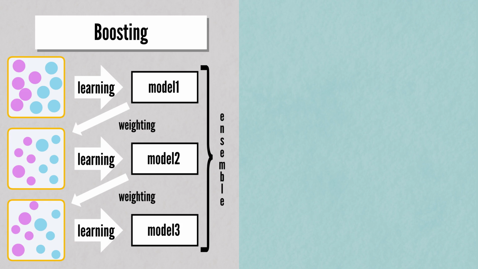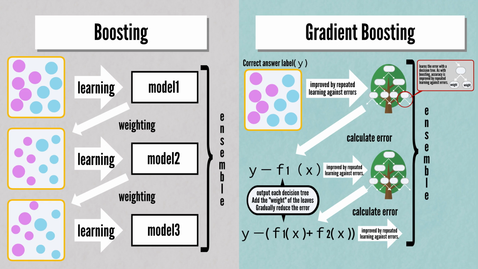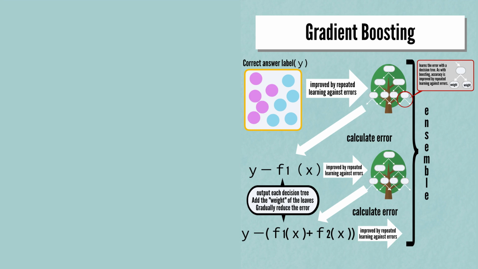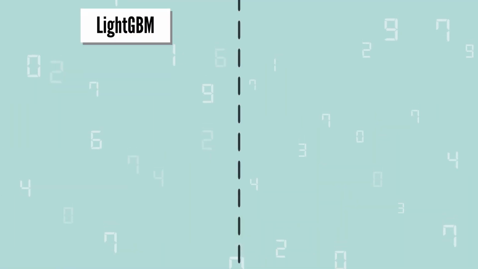Instead of weighting the data, gradient boosting is a method that calculates the error between the predicted and actual values, and learns the error with a decision tree. As with boosting, accuracy is improved by repeated learning against errors. There are other methods that use gradient boosting, such as XGBoost. However, LightGBM is faster in data processing.